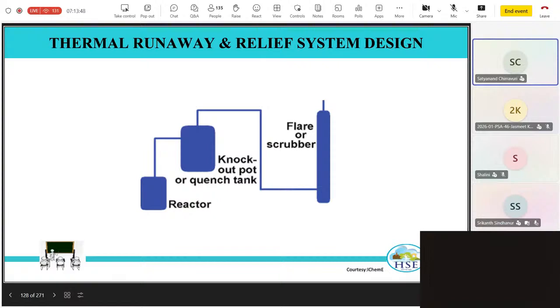Then you use other tools like the thermal screening unit or ARSST to get more accurate data related to temperature rises, pressure rises, and possibly the decomposition temperature ranges. Then you get into details of normal reactions, and try to understand them using a reaction calorimeter.